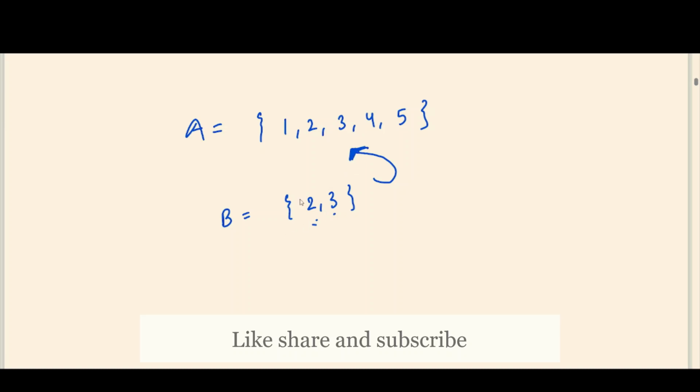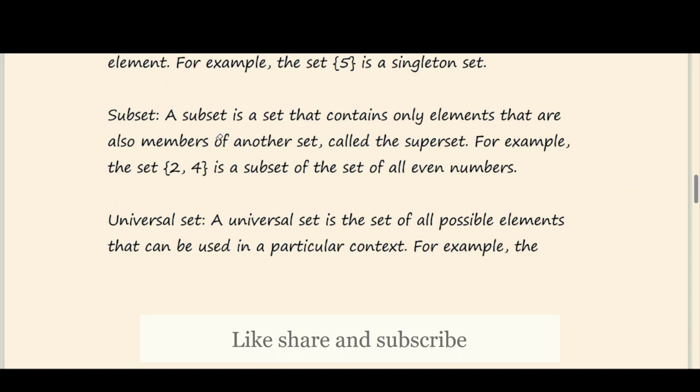So if B contains elements which are present in the other set, this set is called the subset of A. And A is called the superset of B. That is what it is saying here: a subset is a set that contains only elements that are also members of another set called the superset.